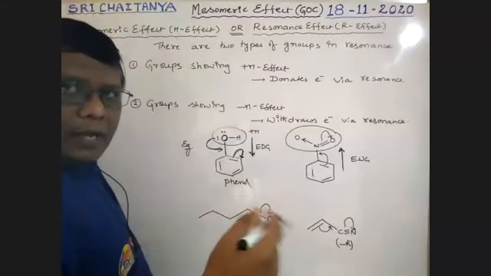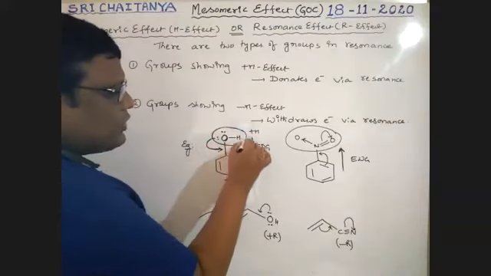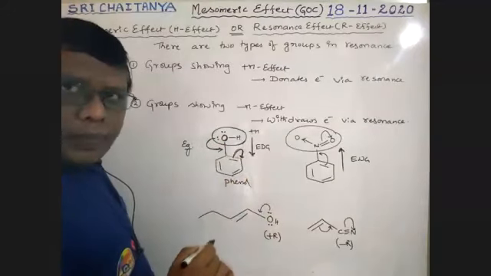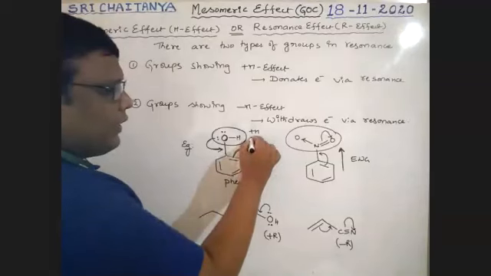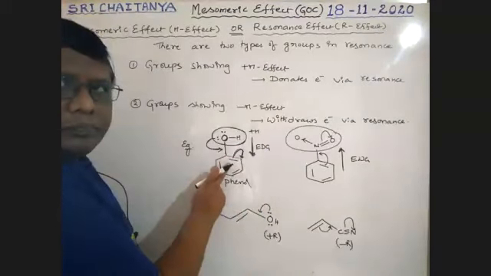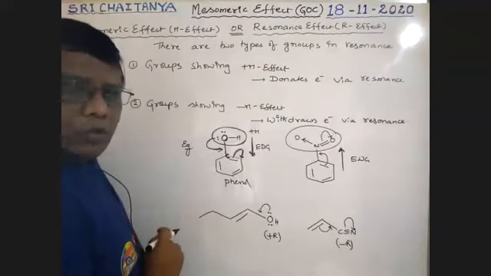I will explain all the structures, boys. See here, this is the OH group, having a lone pair on the atom directly attached to the benzene ring. It donates the electron pair to the benzene ring, that is, towards carbon.